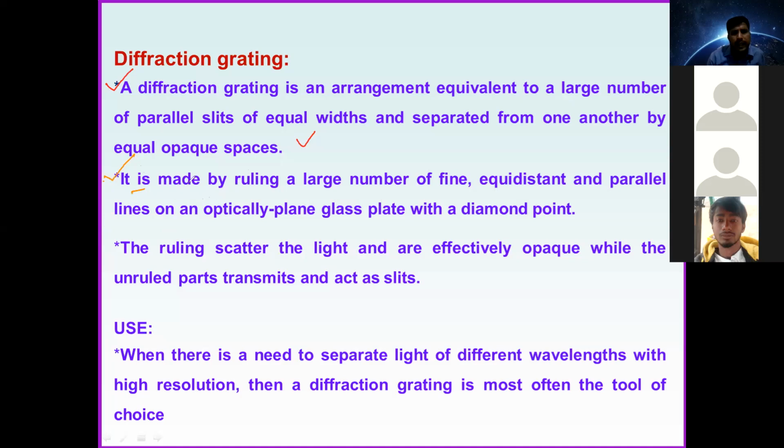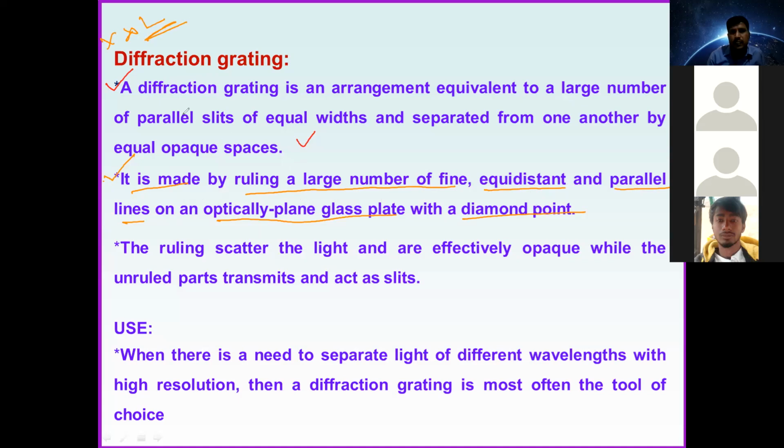So it is made by ruling a large number of fine equidistant and parallel lines on an optically plane glass plate with a diamond point. The second point of diffraction grating is a very important long answer.